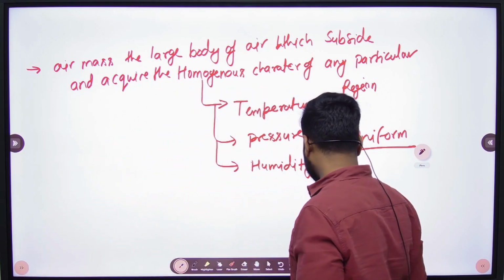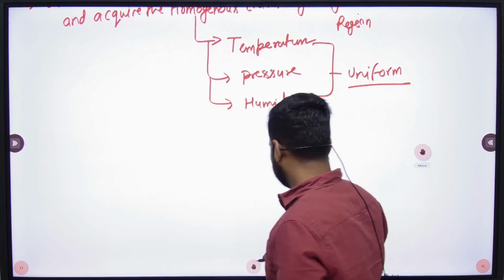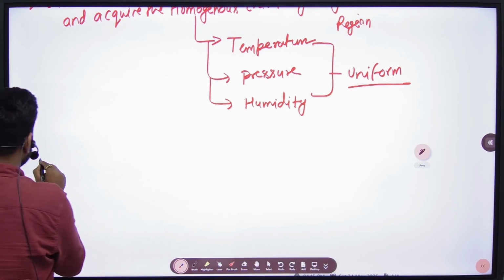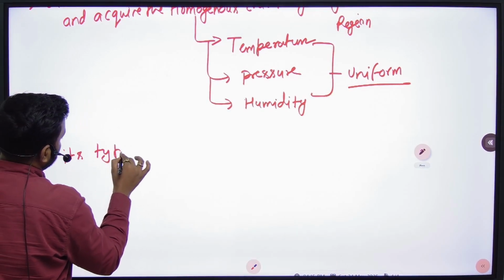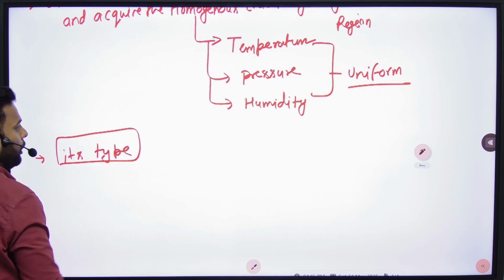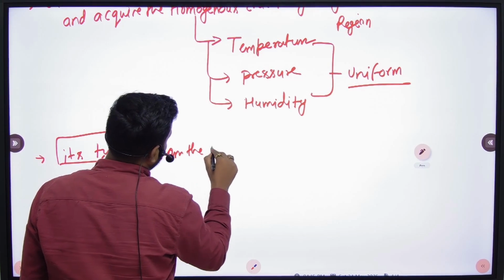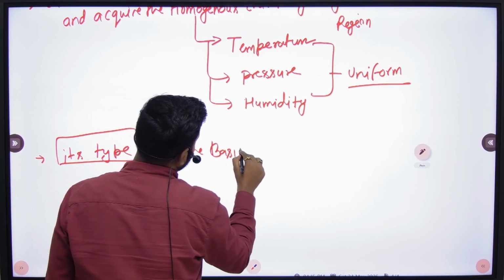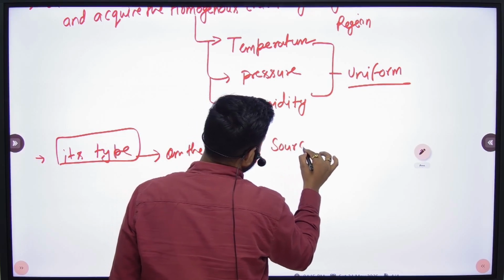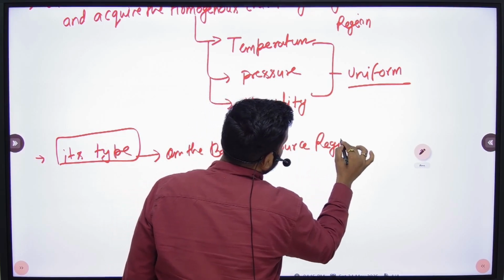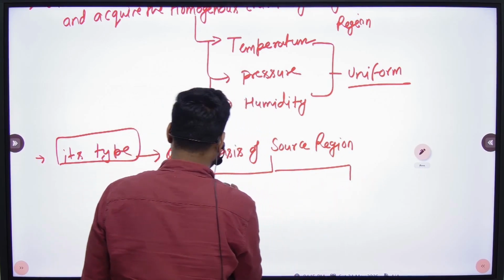Okay, and then the next part of the question is its type. On the basis of source region, the air masses have two types.